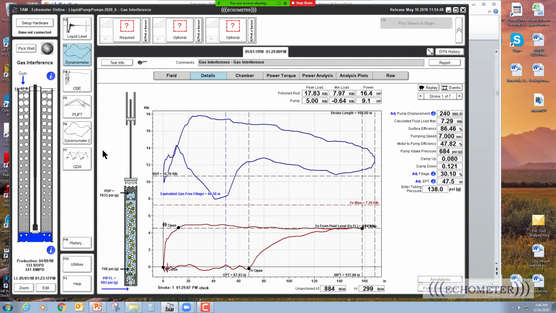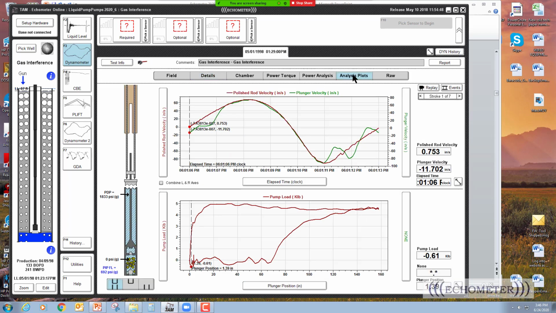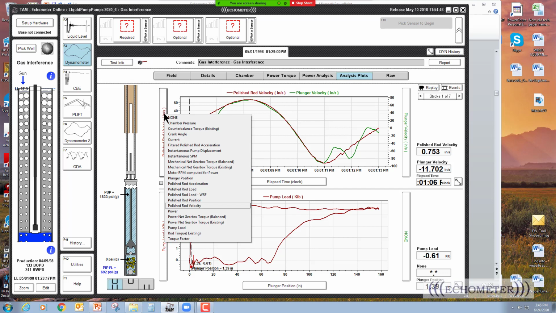Okay, how long is this from here to here? Because this is what we're talking about, this curve right here. So we have an analysis plot that shows that. If you go to the analysis plot, I think we can plot chamber pressure. Let's see if we can.